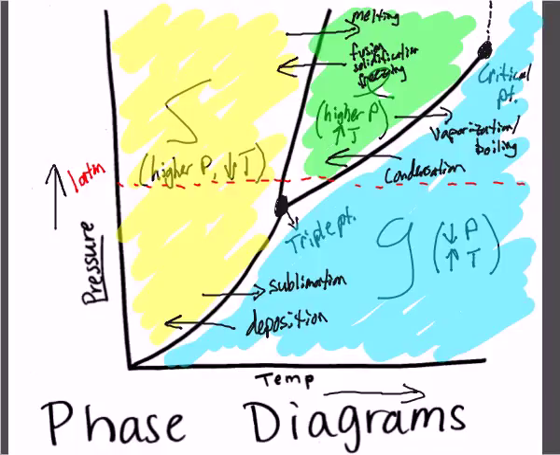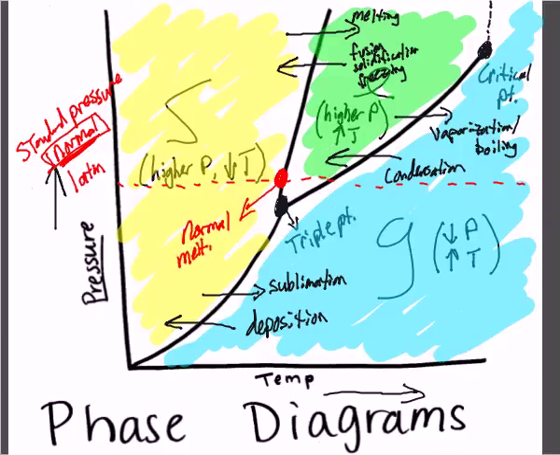That also means another thing. Not only is it standard pressure, there's another term that means the same thing. That's called normal pressure. So if you're asked about the normal boiling point or normal melting point or something like that, it's the point at 1 atm or 760 torr and all that other stuff there. All right. So right here, this dot would be our normal what? Normal melting/freezing point.